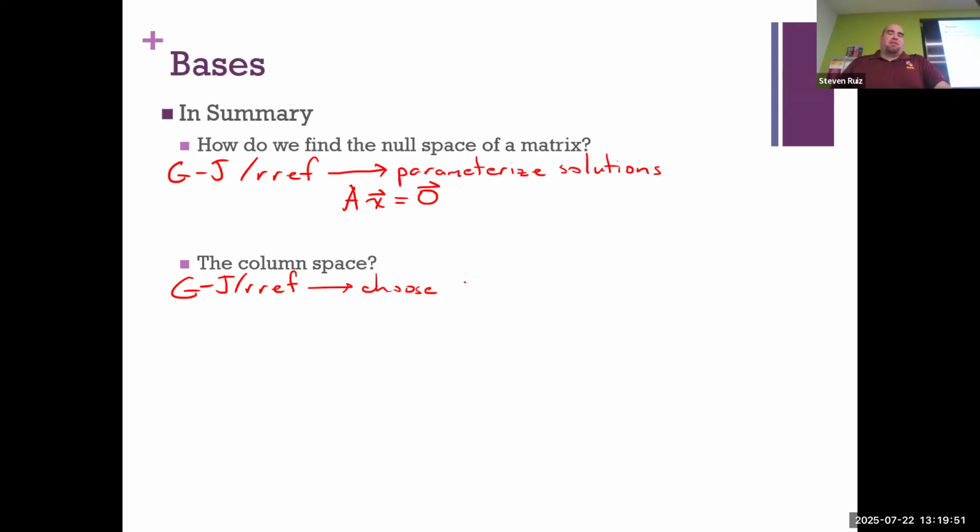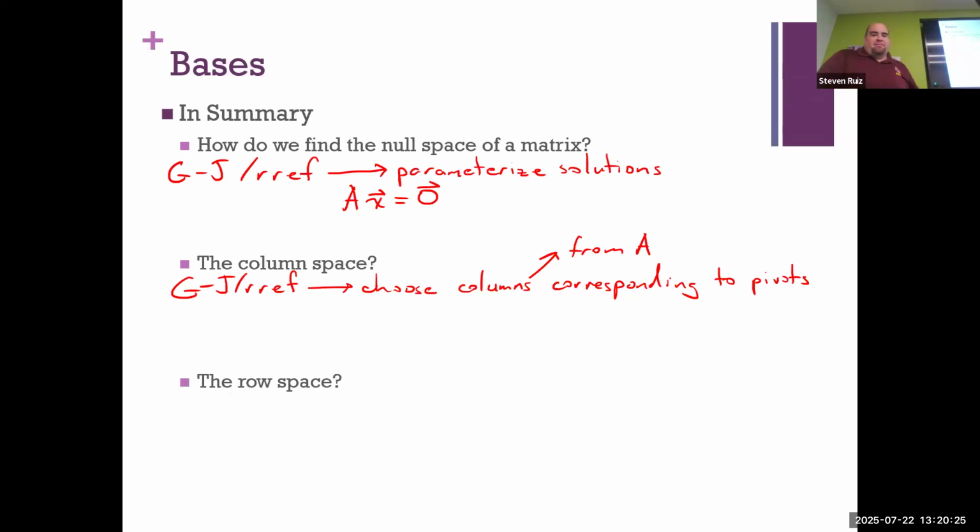I have such a small protest of what you said. I think you said rows. So choose columns corresponding to pivots. And I'll be really clear, columns from what? Yeah, not from the reduced matrix, but from the given one, from A.